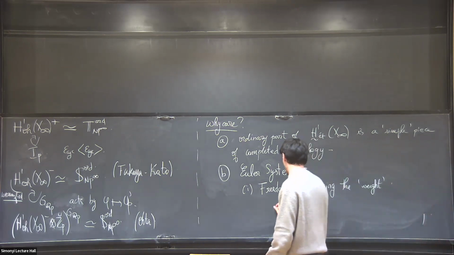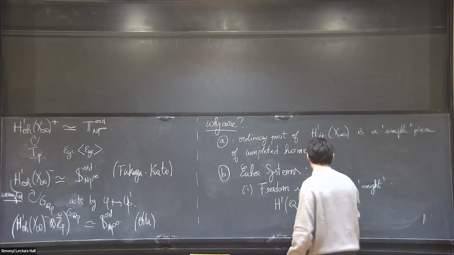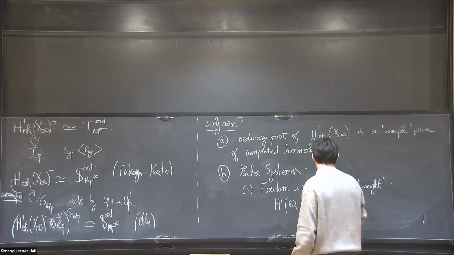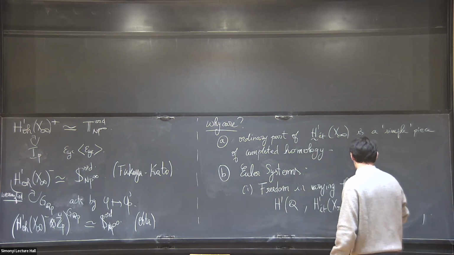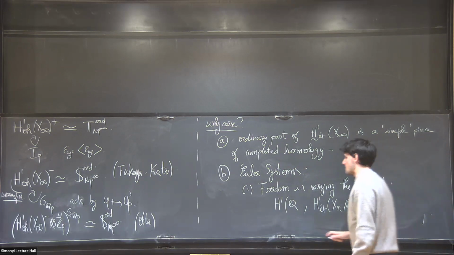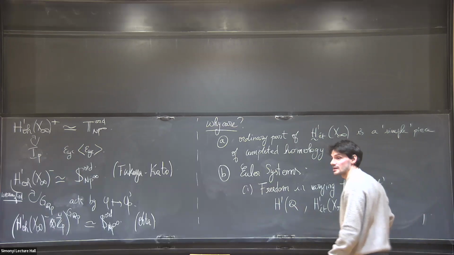Because if you can construct Galois cohomology classes, not just, let's say, in H1 etale of X_R over Q-bar with Z_p(1) coefficients, maybe you can show that these classes are trace compatible.